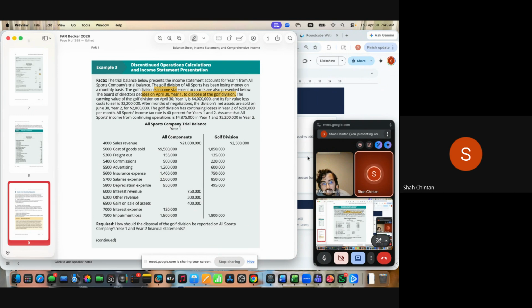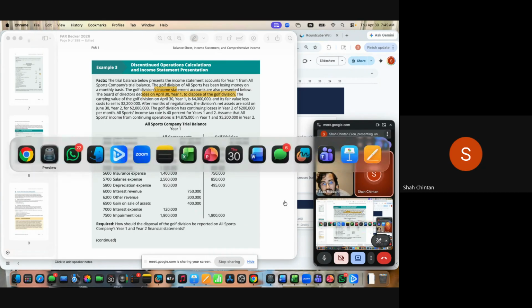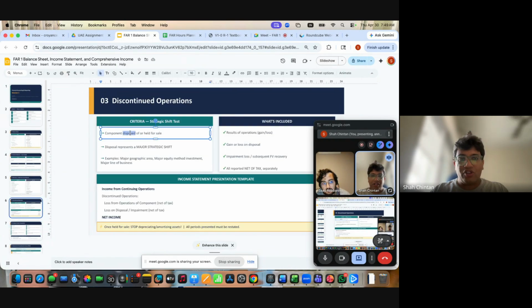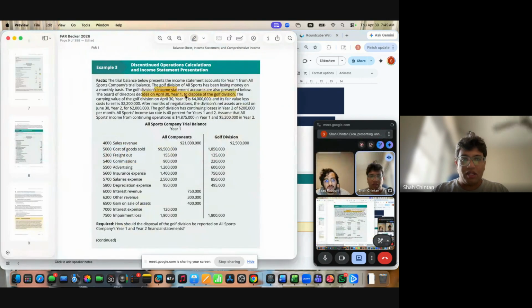If we go back to our slide, what we say is that either a decision is taken, or it is actually disposed. So in year one, we have taken a decision only. They are saying the carrying value of the assets is 4 million and its fair value less cost to sell is 2.2 million.